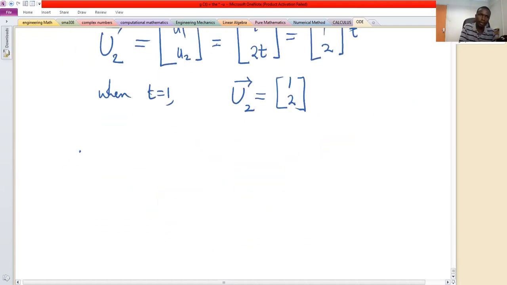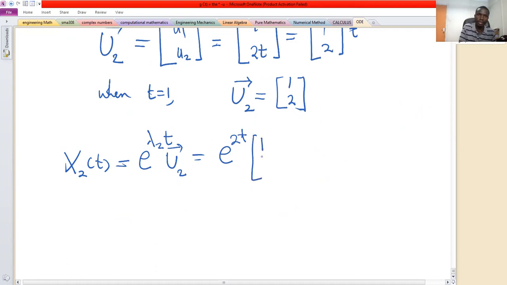So therefore, the second solution, x2 of t, is given by e to the lambda 2 t u2, which will be e raised to the power 2t, and u2 we have gotten as 1, 2.